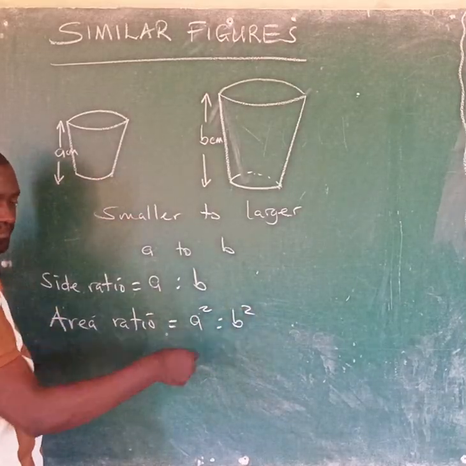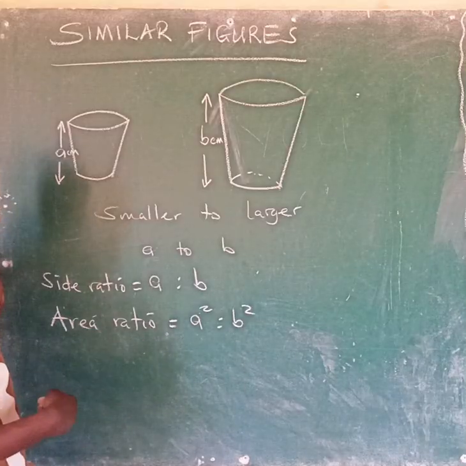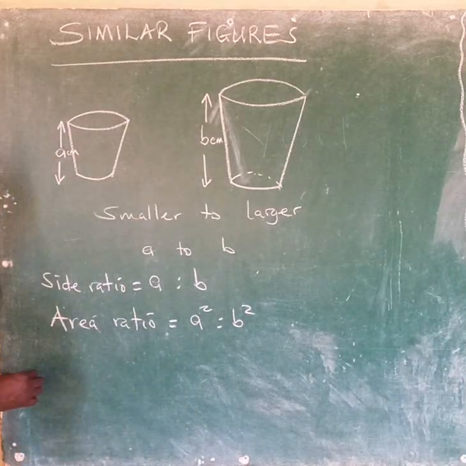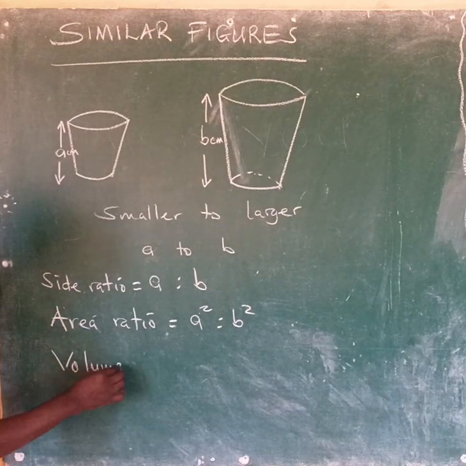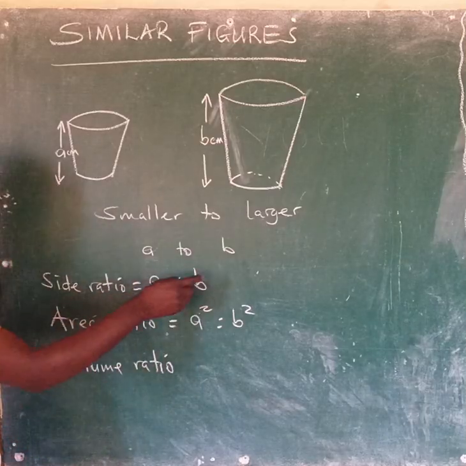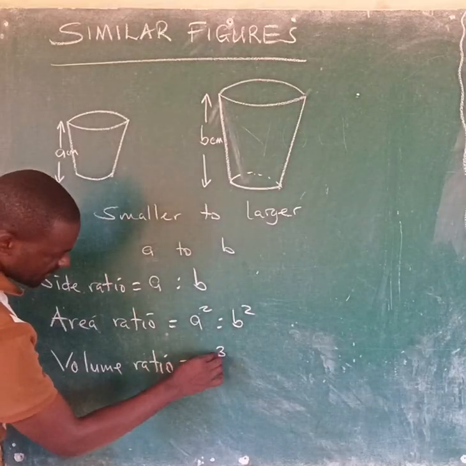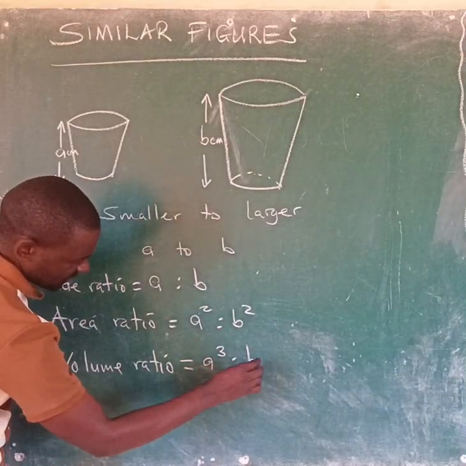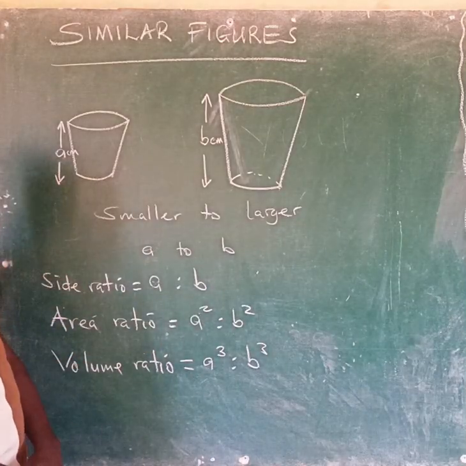Whatever it gives you after you evaluate, those will be the ratio for their areas. And then the volume ratio, if the side ratios are A to B, the volume ratio will simply be A to the power 3 to B to the power 3. So this is how it actually works.